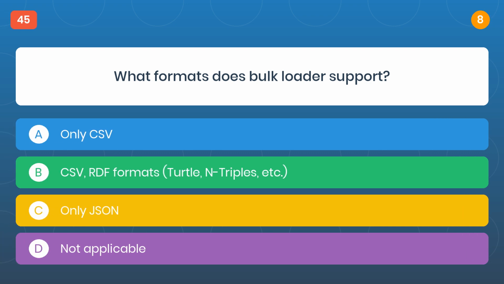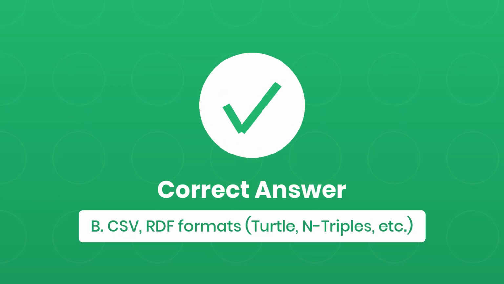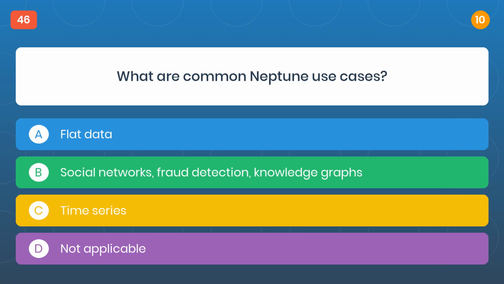Question 45. What formats does bulk loader support? The correct answer is B, CSV, RDF formats, Turtle, and N-Triples. Question 46. What are common Neptune use cases?